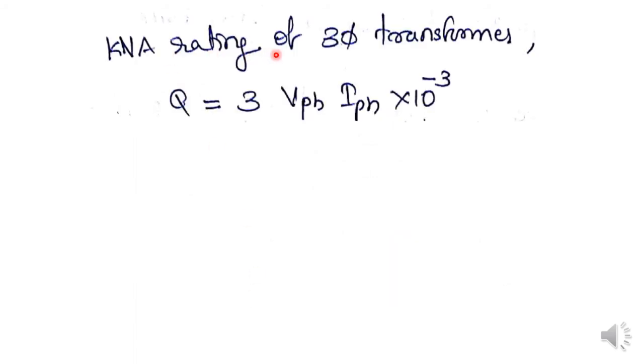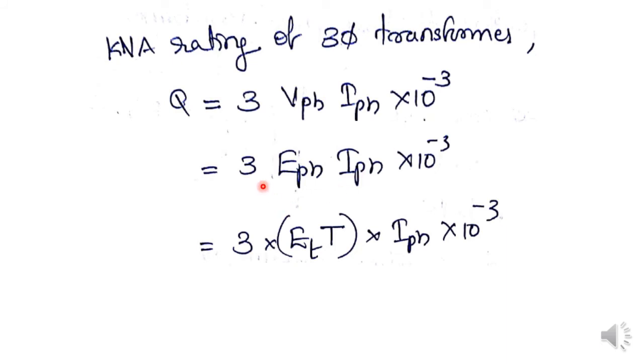So the KVA rating of a three-phase transformer, since it is a three-phase transformer, the equation becomes Q is equal to 3 V phase I phase into 10 raised to minus 3. In order to represent this in KVA, we have put 10 raised to minus 3. That is equal to 3 E phase I phase into 10 raised to minus 3.